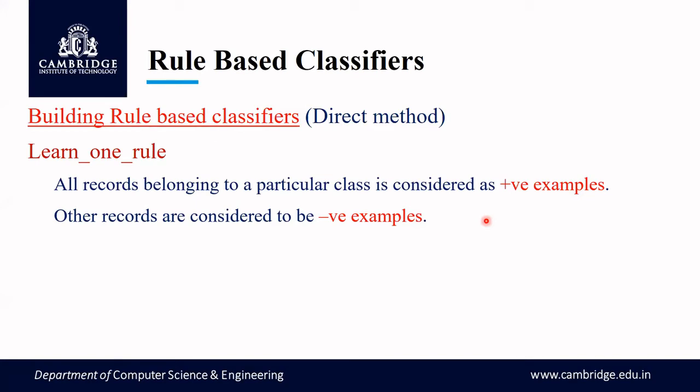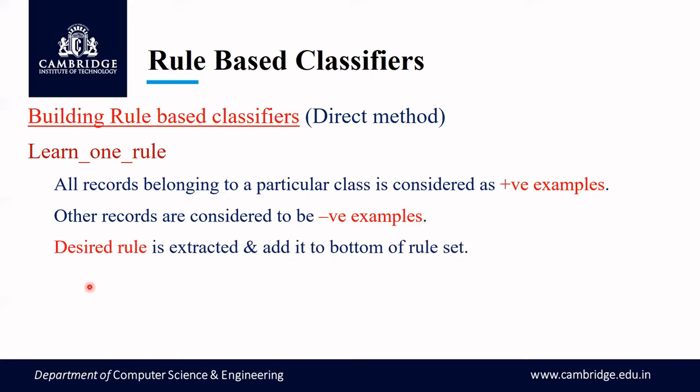All those records which belong to birds in the training set will be considered as positive examples, and all other records which belong to various other classes will be considered as negative examples. Understood, right? It is very important to understand this learn one rule. So you consider the records belonging to that particular class as positive examples and all other records as negative examples.